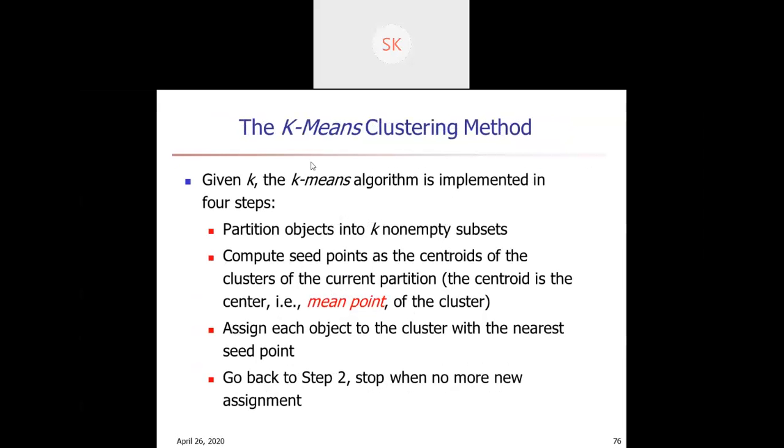So the k-means clustering method first. The k-means algorithm is implemented in four steps. First, partition objects into k non-empty subsets.